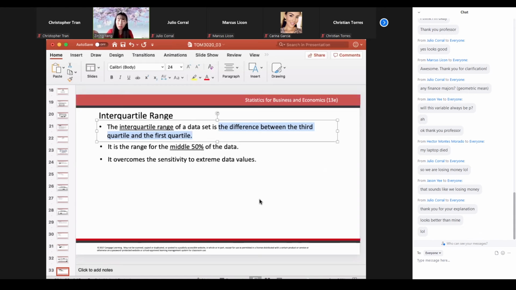That means you are not looking at the smallest 25% of values, and you are not looking at the largest 25% of values. So not that millionaire, not that luxury apartment. They are the top expensive ones, and you are not looking at those. You are only looking at the middle 50%, starting from the 25th percentile, ending at the 75th percentile.